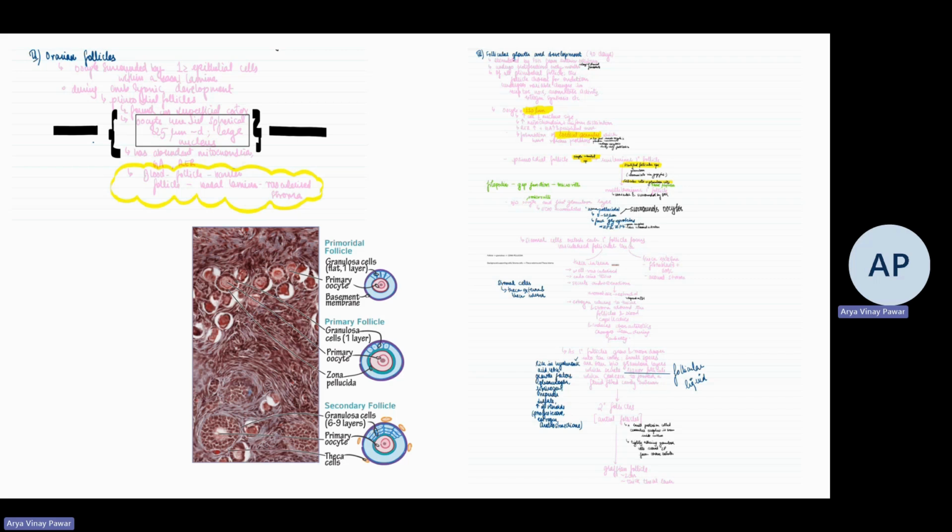We also have the oocyte and the first layer of the follicular cells. Between these two, we start seeing the accumulation of extracellular matrix.